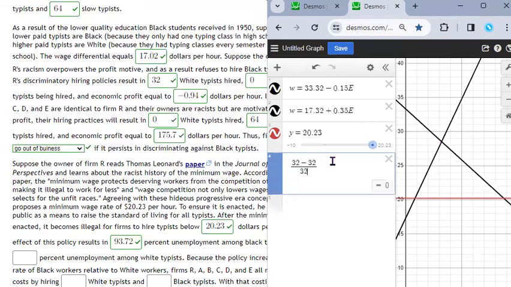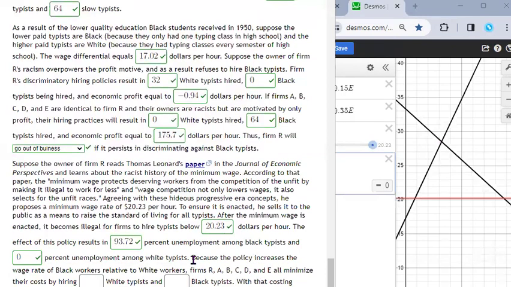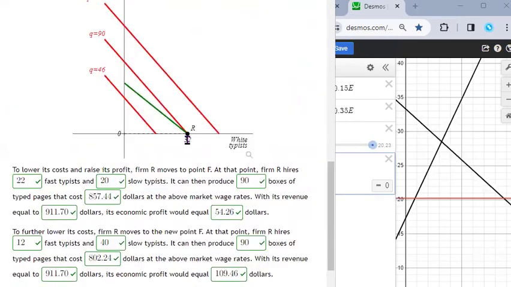We divide that by the labor force size and multiply by 100, and we get a 0% unemployment rate amongst white typists. Because the policy increases the wage rate of Black workers relative to white workers, firms A, B, C, D, and E all minimize their costs by hiring 32 white workers and 0 Black workers.